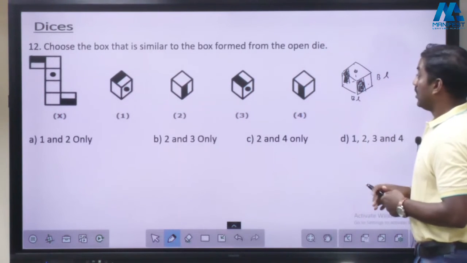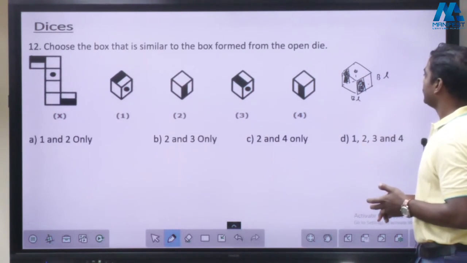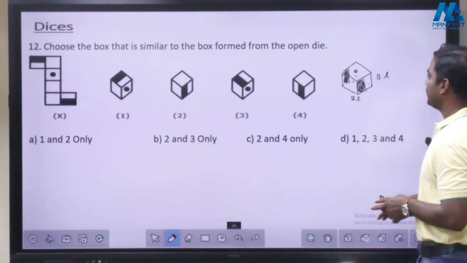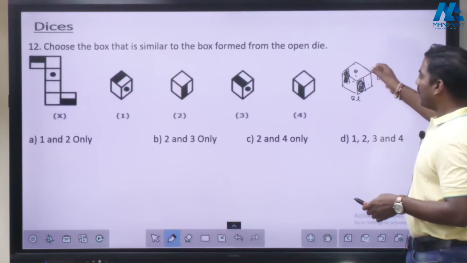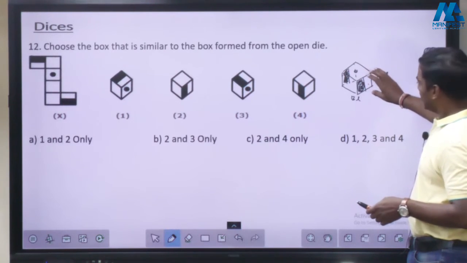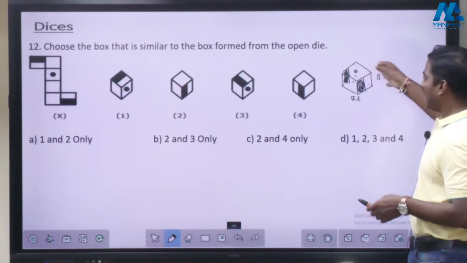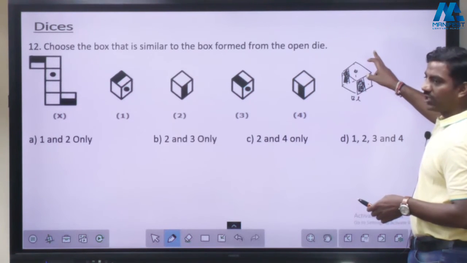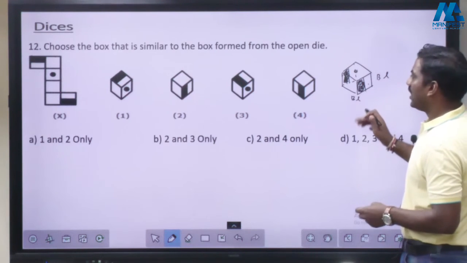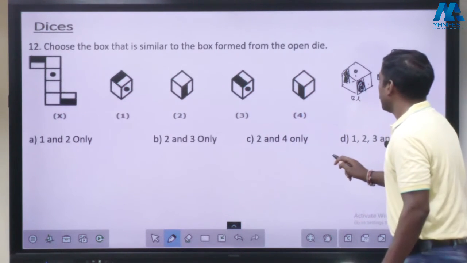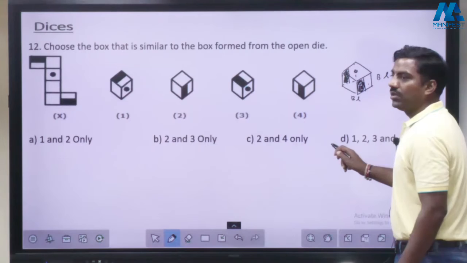Okay. Now what to do next? Topple like this, hold it like this and topple like this. One blank on the top, blank in the front, but this strip has to be what?